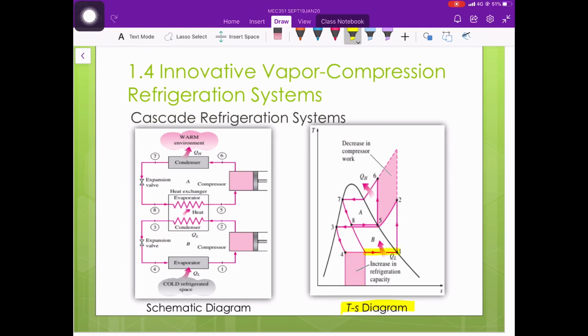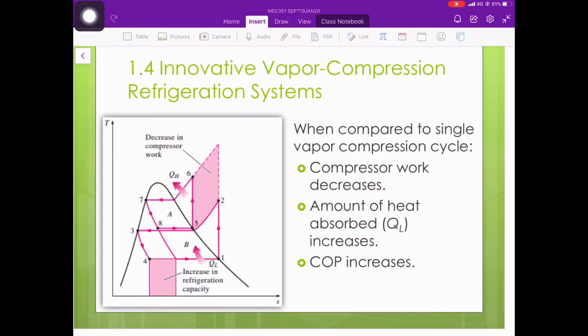Instead of this much of heat that is being absorbed, it now can absorb this much. We can summarize that Cascade Refrigeration System decreases the compressor work, increases the amount of heat absorbed, and thus increases the coefficient of performance, COP.